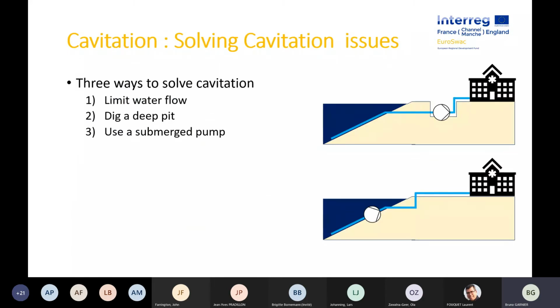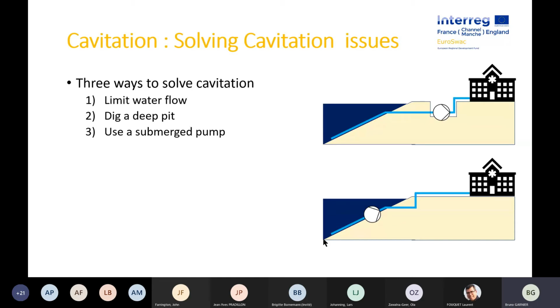So second point is solving cavitation issues. The cavitation happens when the absolute pressure of a liquid is lower than a certain limit. There are three ways to solve the cavitation. The easiest way, but it's not very efficient, is to limit the water flow.